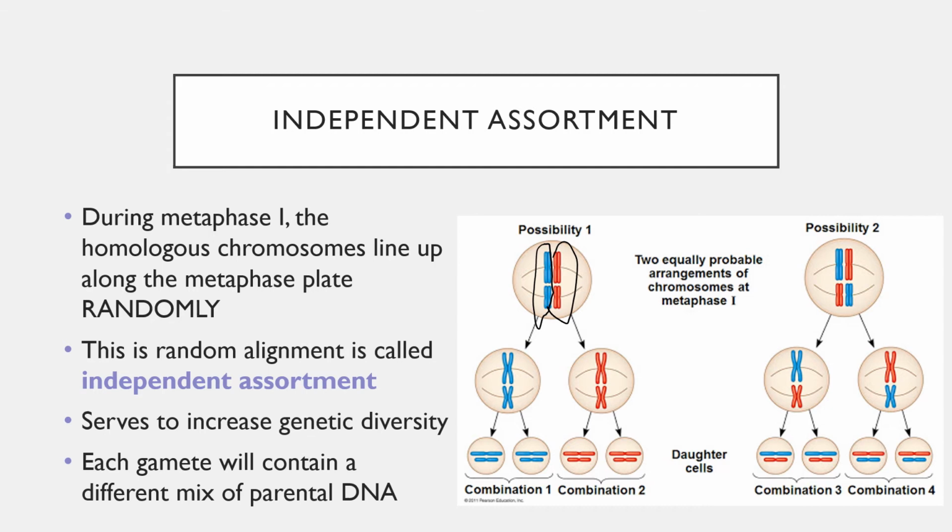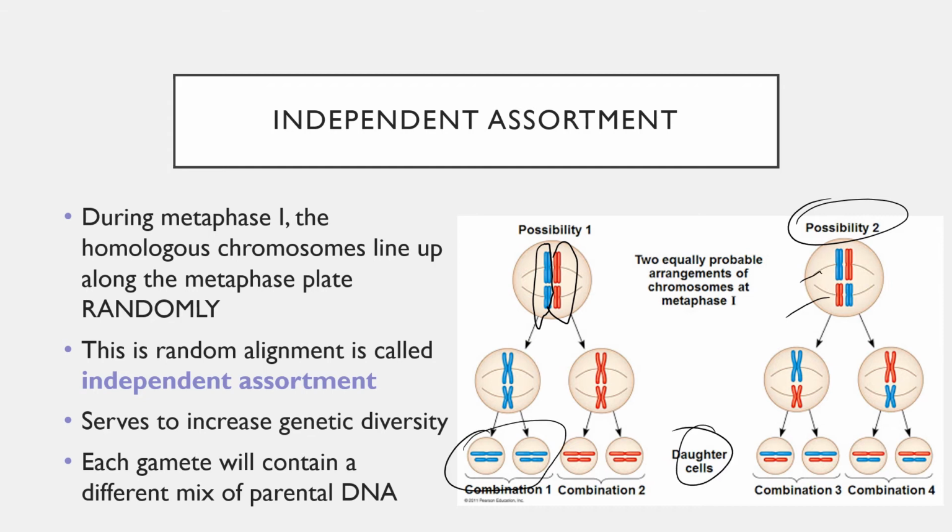It's all kind of whoever gets to that point first is there. So it's more like possibility 2. We might have a mix of every single copy of the chromosome on either side. It's called independent assortment, this random alignment of all of our homologous chromosomes. And you can see the difference it makes in the daughter cells that are produced.